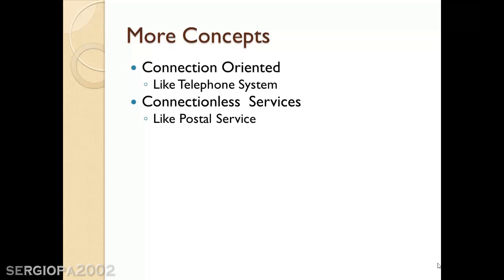You send a letter and you hope that it reaches its destination, but you don't hear about the letter you sent until probably the end. So you don't get any confirmation until the end. These are the two different ways to transmit information in a network.